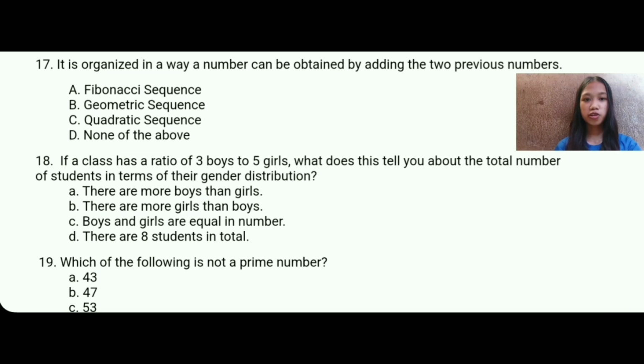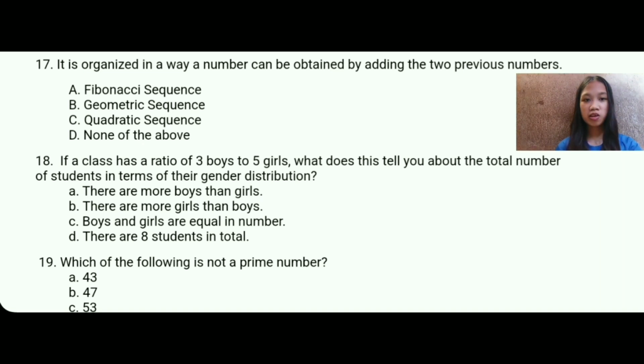Because a ratio of 3 is to 5 means that there are 3 boys for every 5 girls. And since the number of girls is greater in the ratio, it indicates that there are more girls than boys overall. Let's find out why other options are incorrect. Letter A, there are more boys than girls, is incorrect because the ratio clearly shows that there are more girls, which is 5, than boys, which is 3.